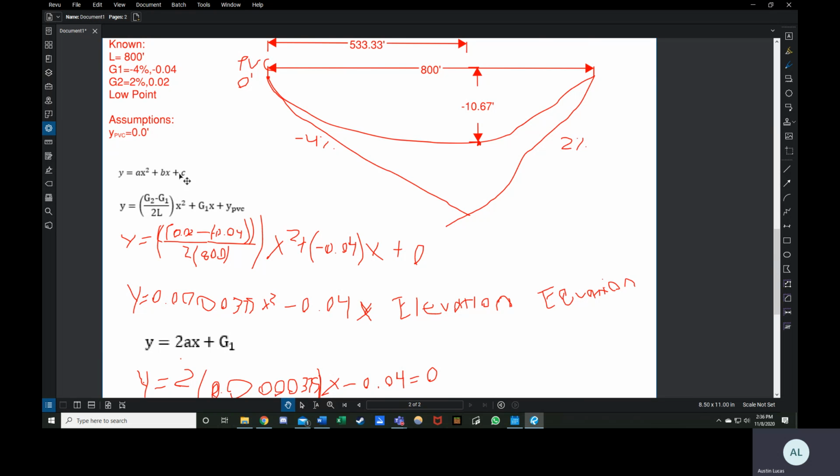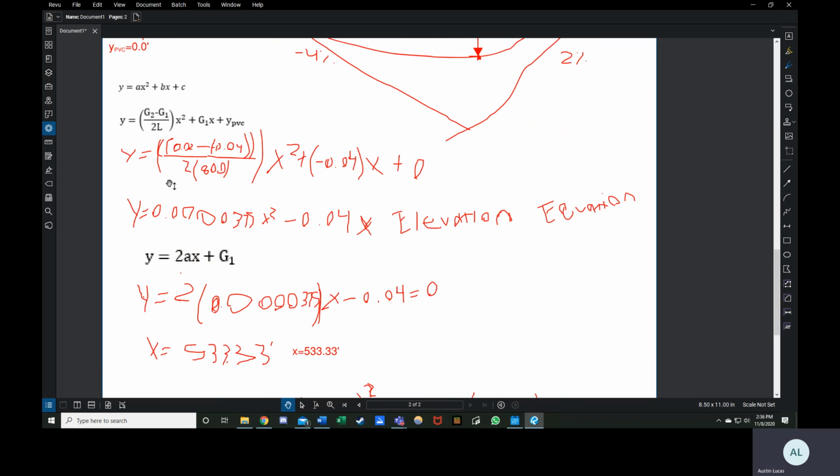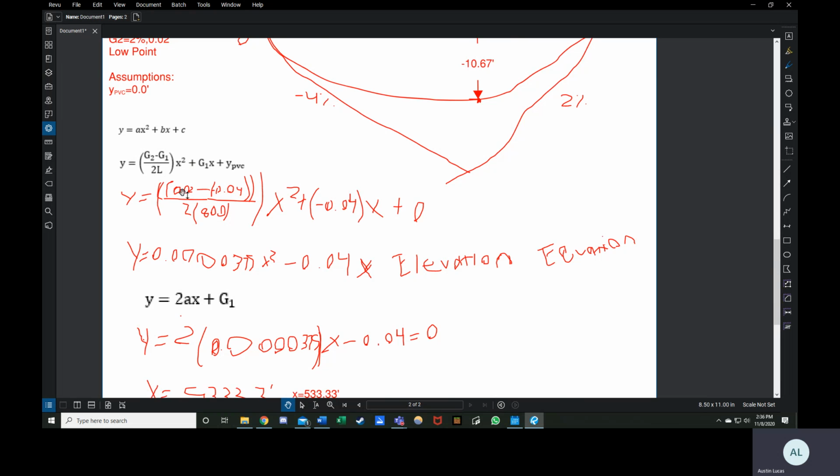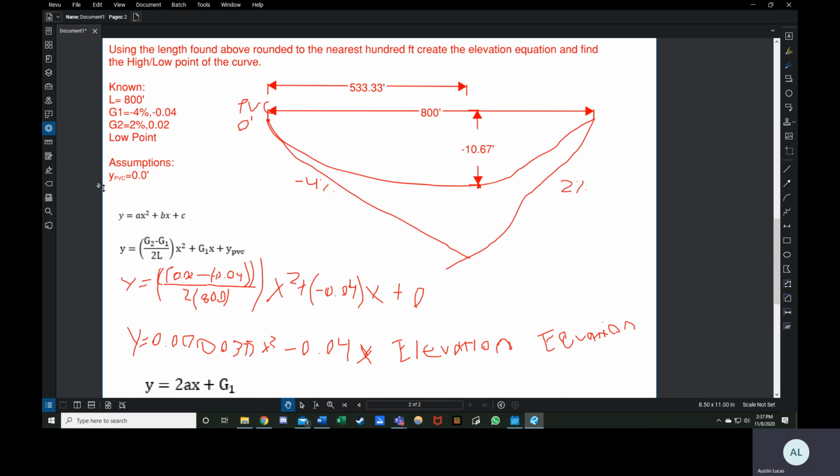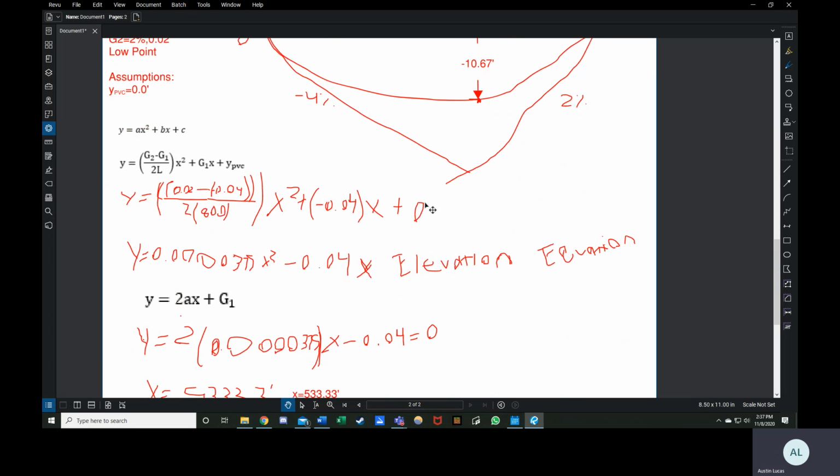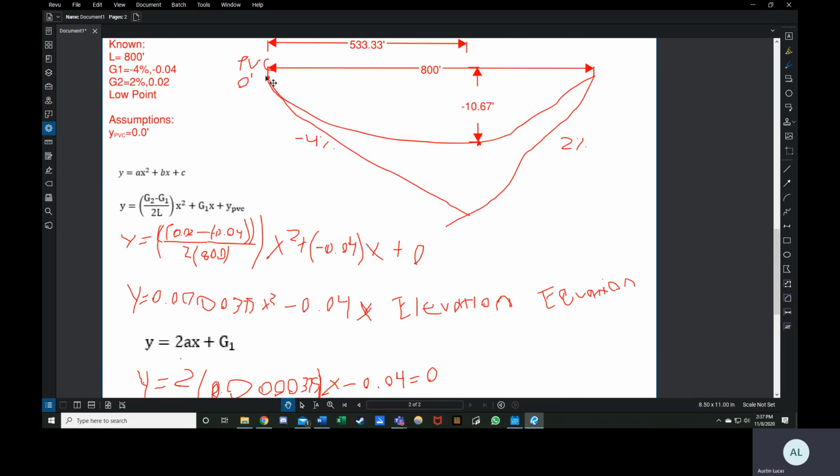So this is our baseline elevation equation, which can be expanded to this right here. When we plug in our values, we have G2 minus G1 over 2 times our length, which is 800 since we rounded down, times x squared, plus our G1, which is negative 0.04, times x, plus 0. That 0 is our elevation at that initial station.